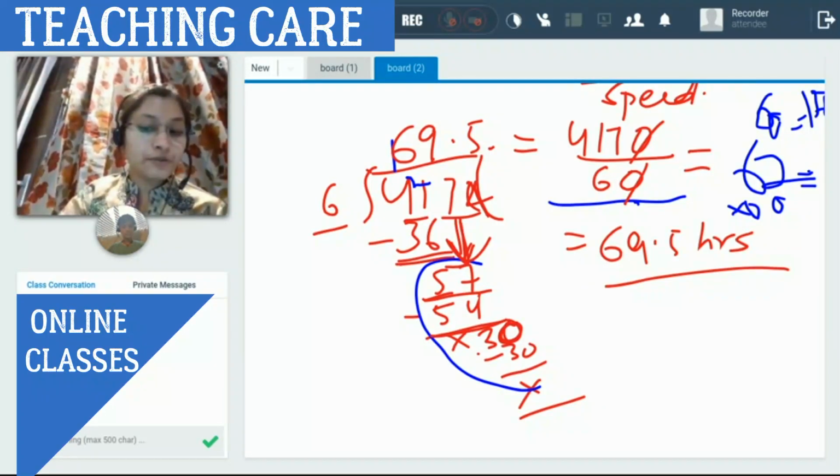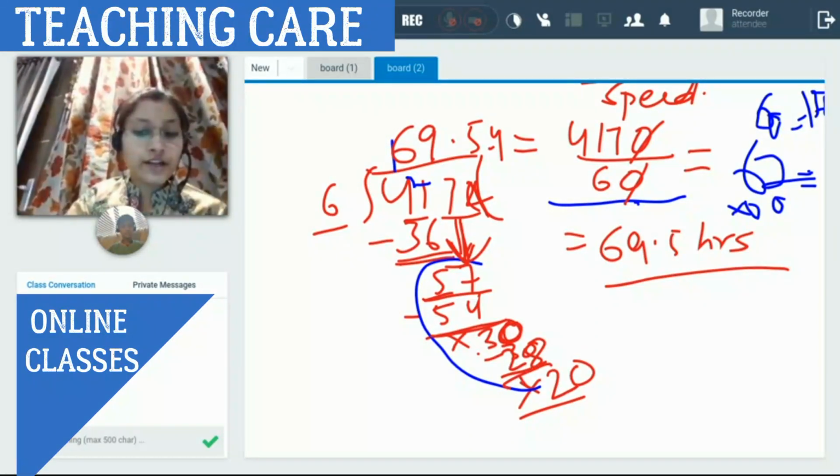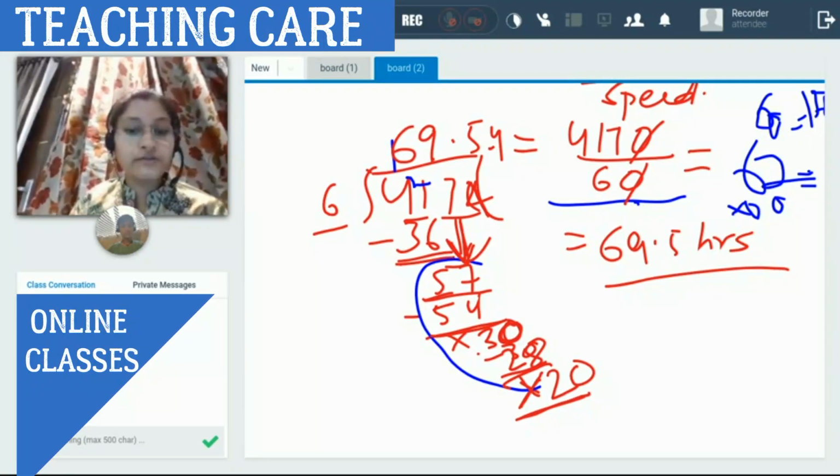Suppose that 30 was like 28, then the remainder was 2. Then again I can place a 0 and go for another number like this. This process goes on till I get 0 in the remainder.